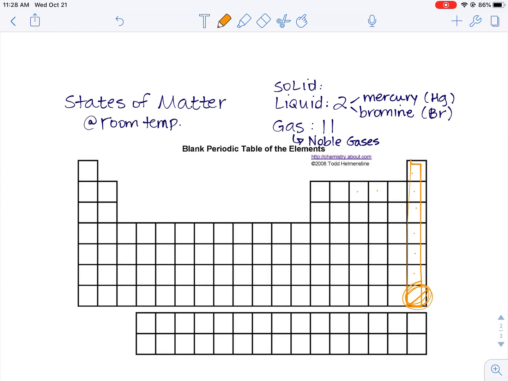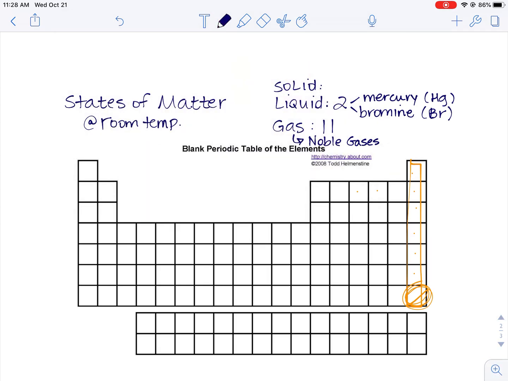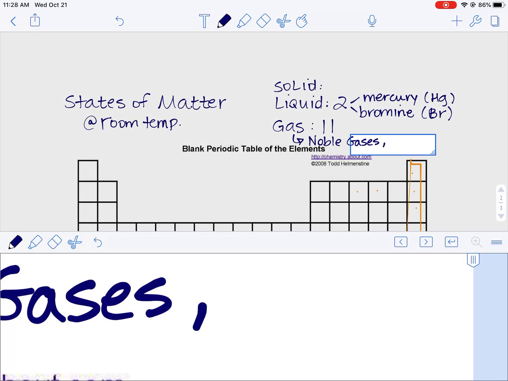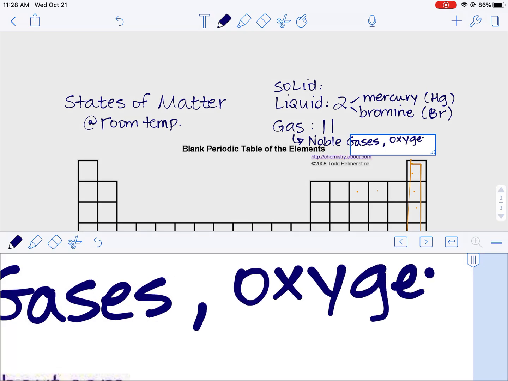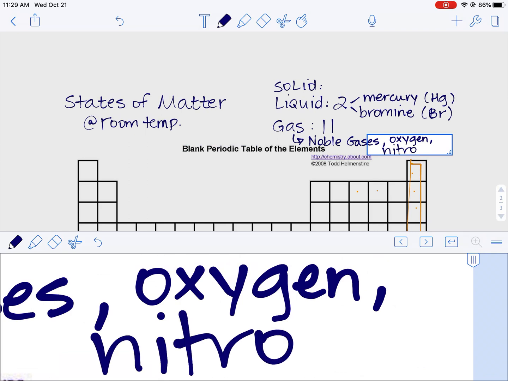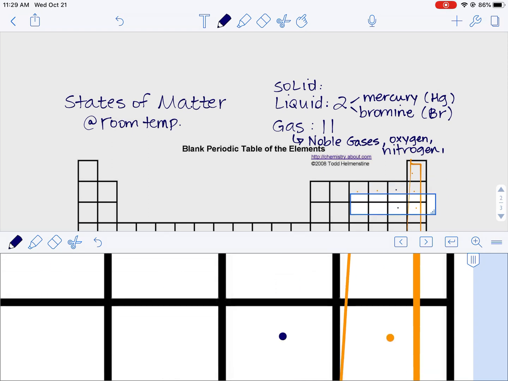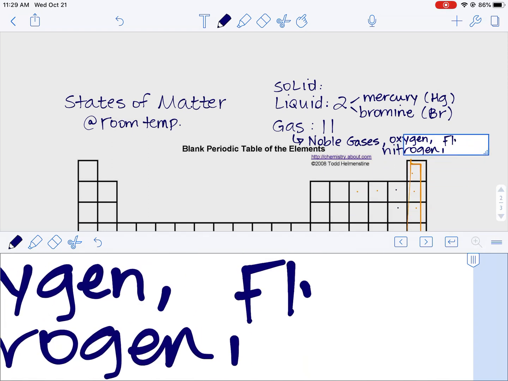Then we've got oxygen and nitrogen. Then we've got fluorine and chlorine.